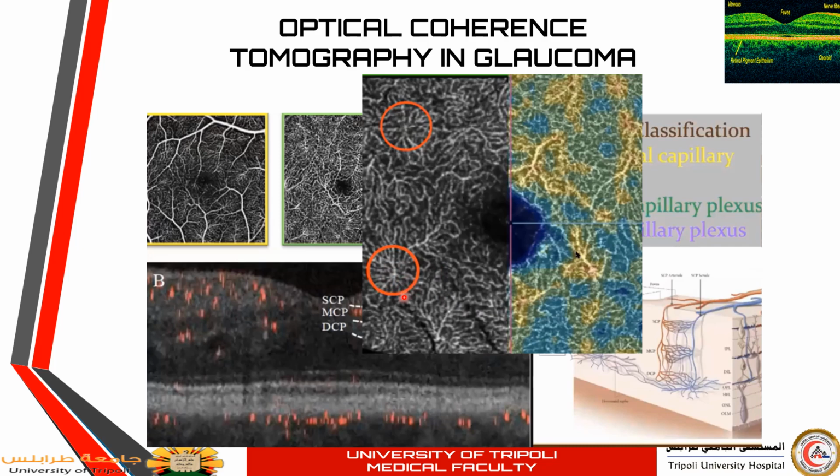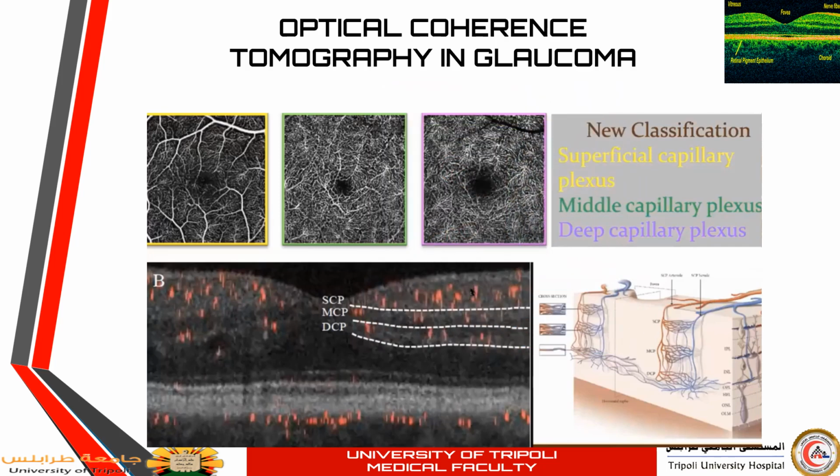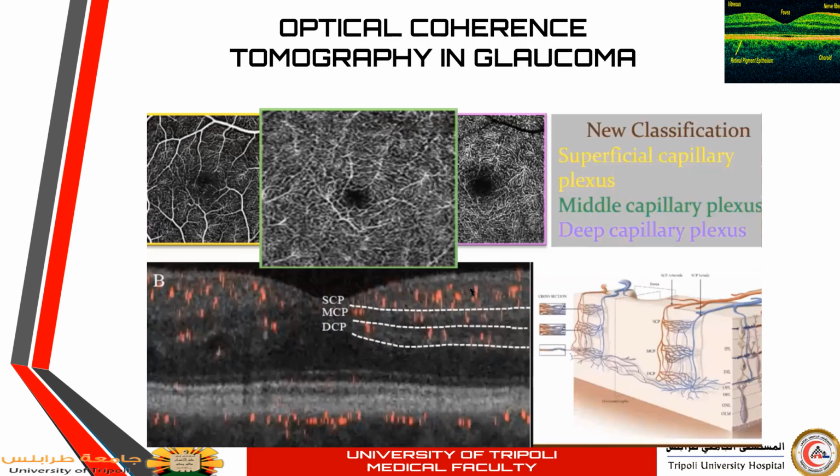The important thing about the deep vascular plexus is that it is mainly made up of venous blood vessels. That's why it is commonly affected in venous occlusions and diseases affecting the veins. The third layer is the intermediate capillary plexus, which lies between the superficial and deep capillary plexus, and this is commonly affected in diabetic retinopathy.